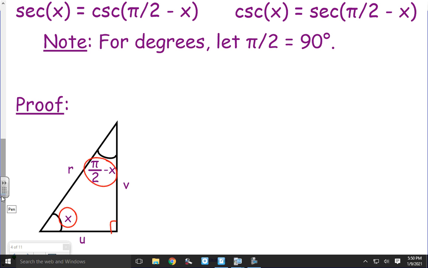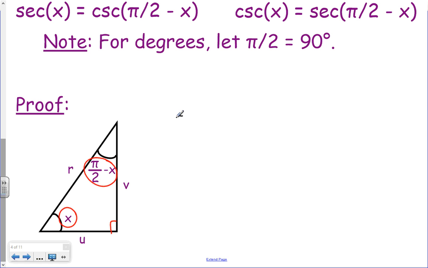Let's start out with sine of x. If I take the sine of x, that's my angle down there at the bottom left, and sine of x, of course, is v over r. And now let's use the cofunction. So instead of sine, let's use cosine. And let's use the other angle, which turns out to be its complementary angle, that is pi over 2 minus x.